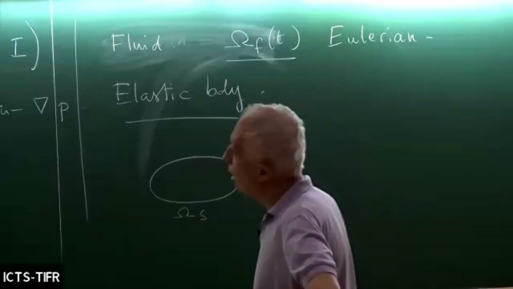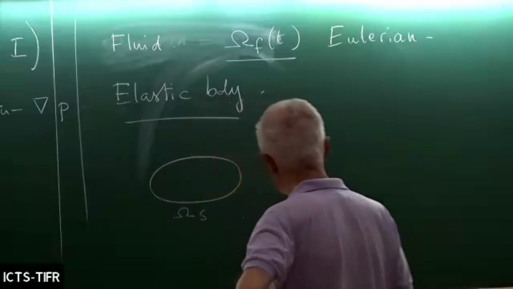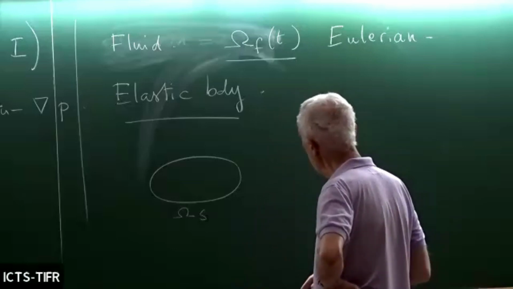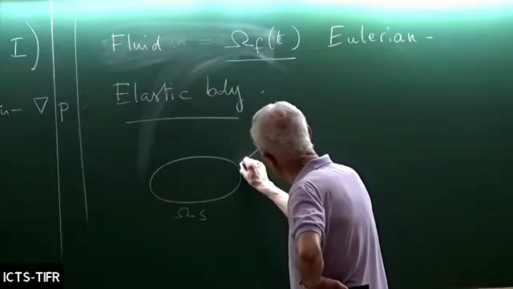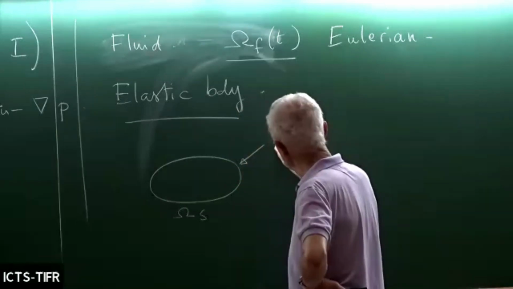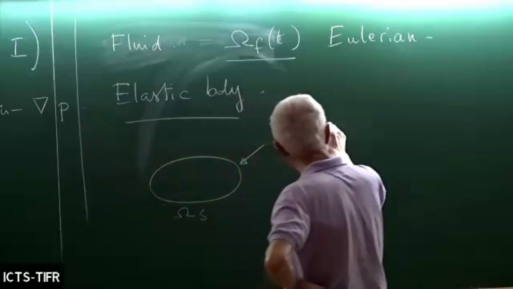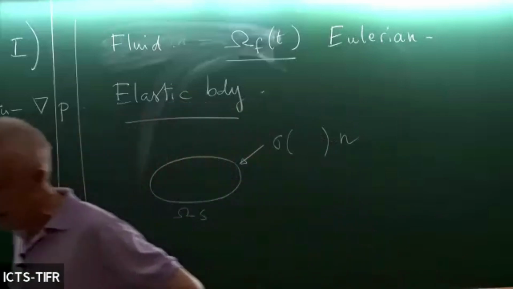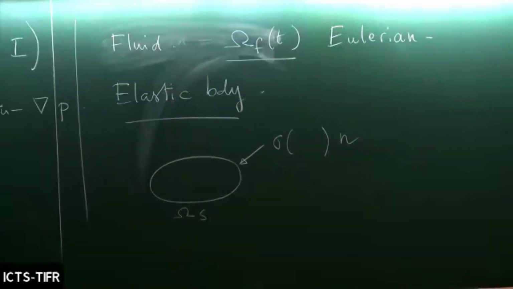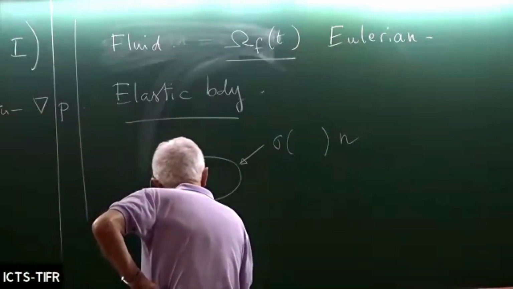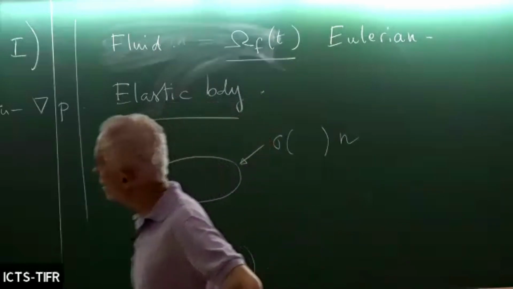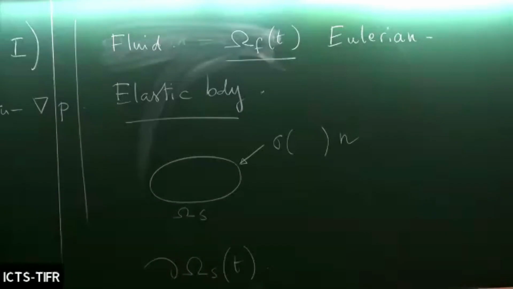And so when I write the balance of momentum between the fluid and the structure, I have to write the stress tensor of the fluid, the normal component of the stress tensor, not on the boundary of omega st. So I know u in omega ft.